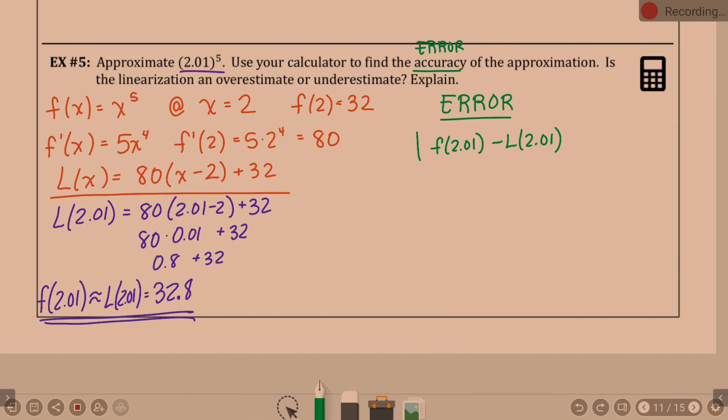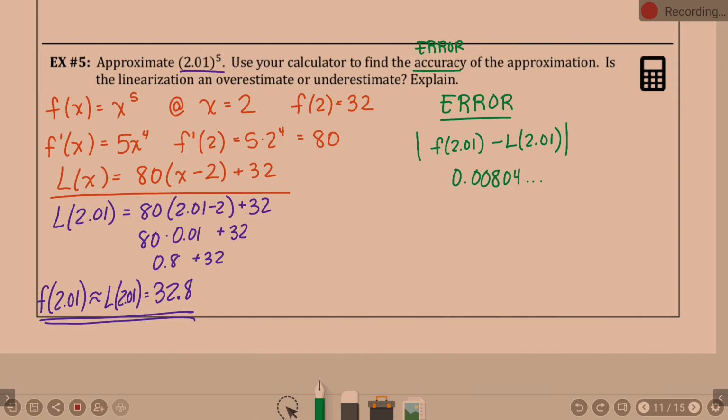We found our approximation to be 32.8. So if we subtract these, we're going to be at 0.008, 0.04, so on and so forth.